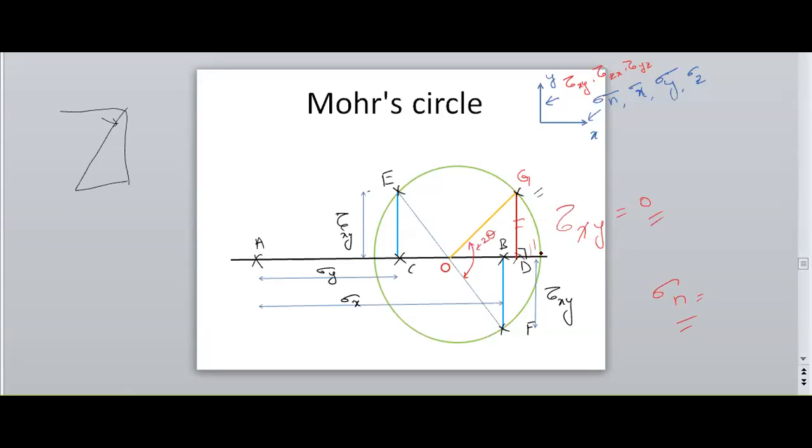So the shear stresses will be zero at the points where the circle meets the horizontal line. This gives the maximum normal stress and the minimum normal stress.